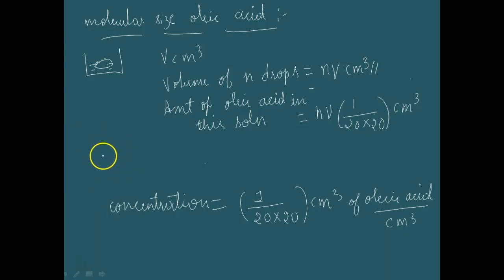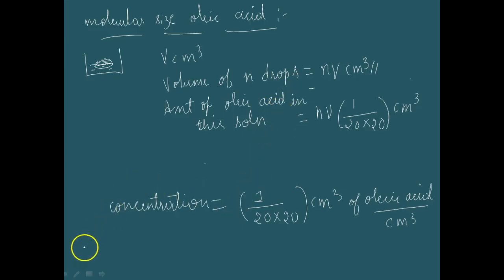This solution of oleic acid spreads very fast on the surface of water, and it will form a very thin layer of thickness T. Now how to find this thickness T?